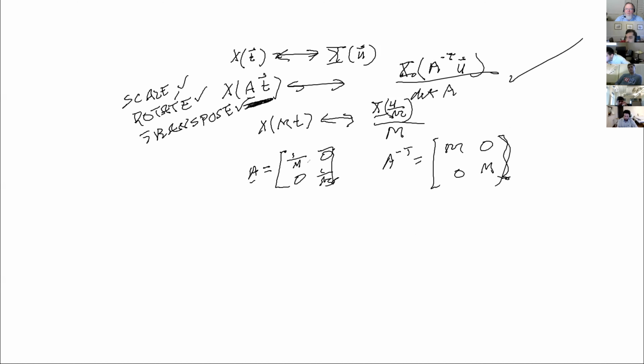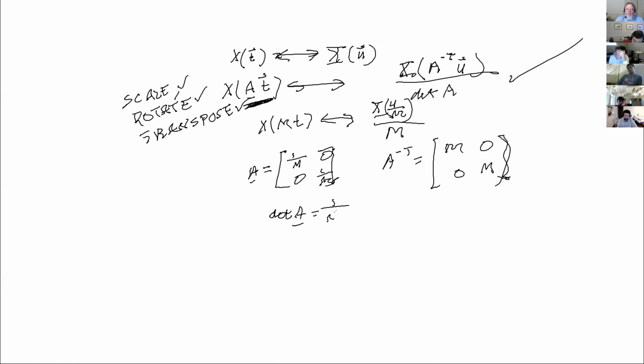And so it says that if we stretch these things out by m in both directions, then in the other domain we crush it in by a value of m in each dimension. Just exactly like we would expect with the scaling theorem. And what's the determinant of A?